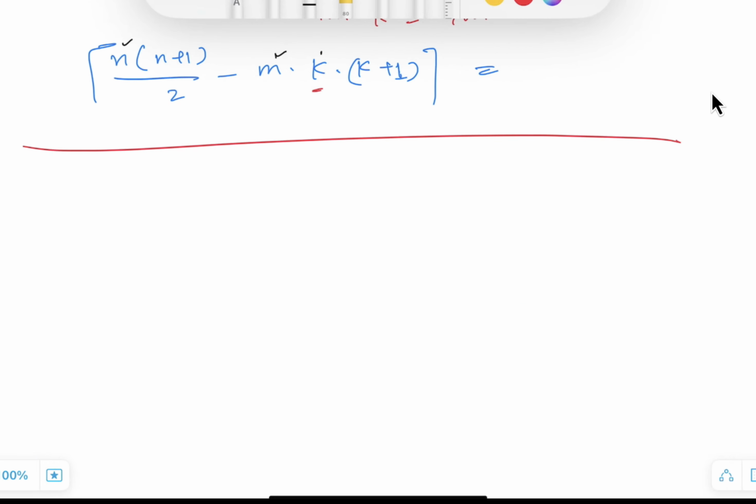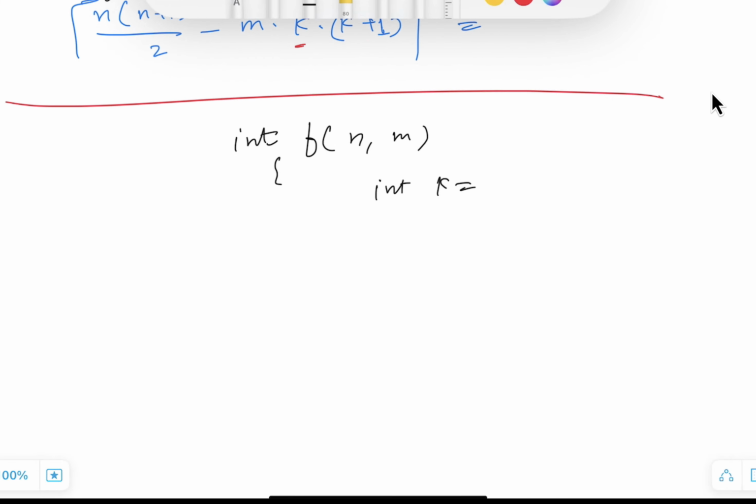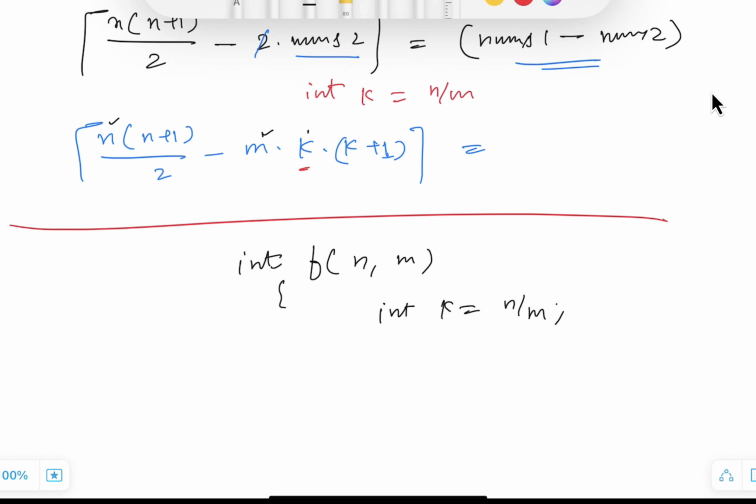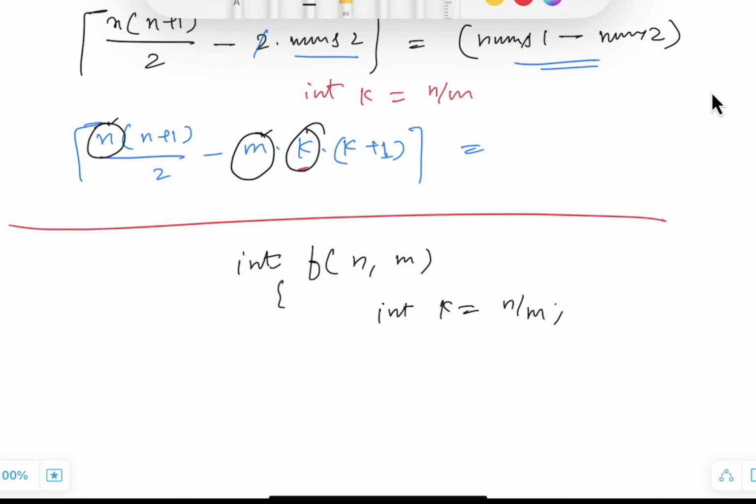So let's say this is the function, taking n and m as input and returning an integer as our value. First of all, I am finding the value of k, how many multiples there are. K is equal to n divided by m. Now I have all the sufficient variables: n, m, and k.